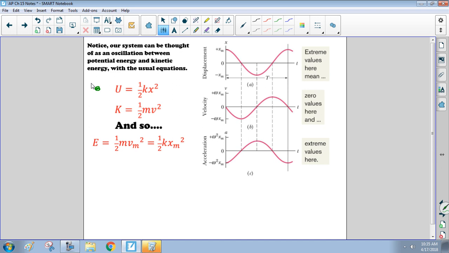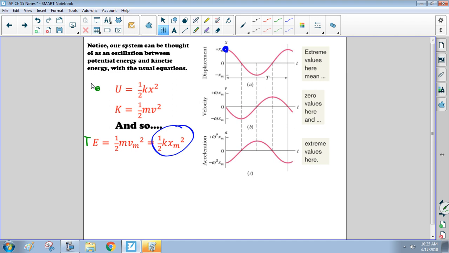We know our kinetic energy is 1/2 mv squared. So that means that our total energy, that E there stands for total energy if that's not obvious, can be found by looking at a maximum position and saying that it's equal to the elastic potential energy there, because you have no kinetic energy there.